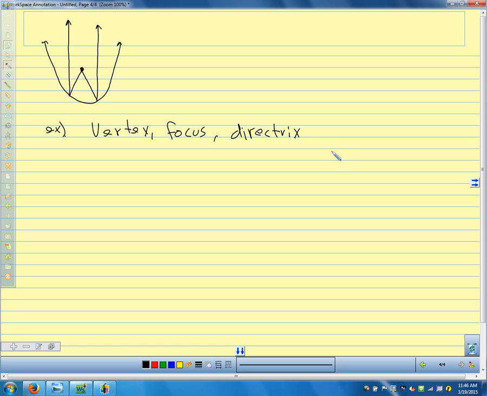Isn't directrix kind of a cool word? All right. So we want the vertex, the focus, and the directrix of this parabola.